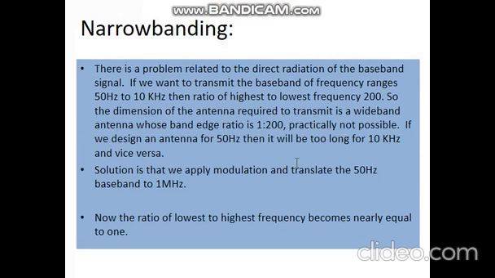So the dimension of the antenna to transmit a 50 hertz signal and to transmit a 10 kilohertz signal is totally different. This band edge ratio is nearly 1 to 200, so this is practically not possible. You would have to design an antenna for 50 hertz, and that would be too long for a 10 kilohertz signal. So what is the best solution?